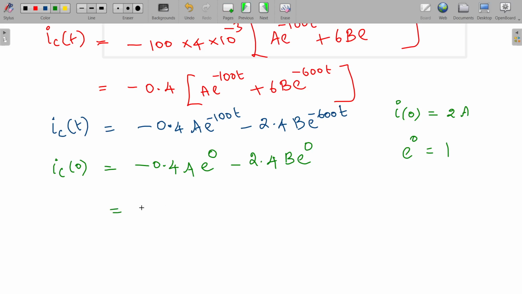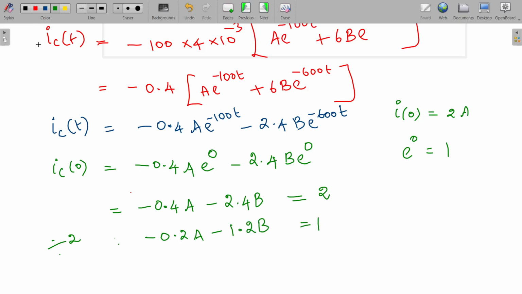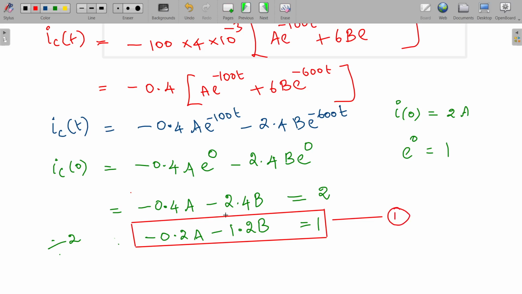So this is equal to minus 0.4 A minus 2.4 B. This is equal to how much? As given in the problem, it is 2. So we can take this as one equation and simplify it by dividing by 2. Then you will get minus 0.2A minus 1.2B equal to 1. So this can be taken as equation number 1.